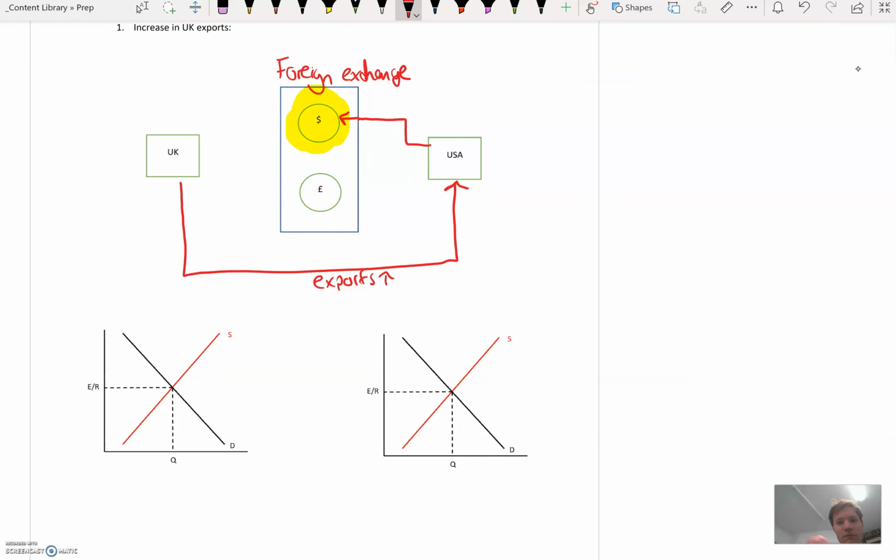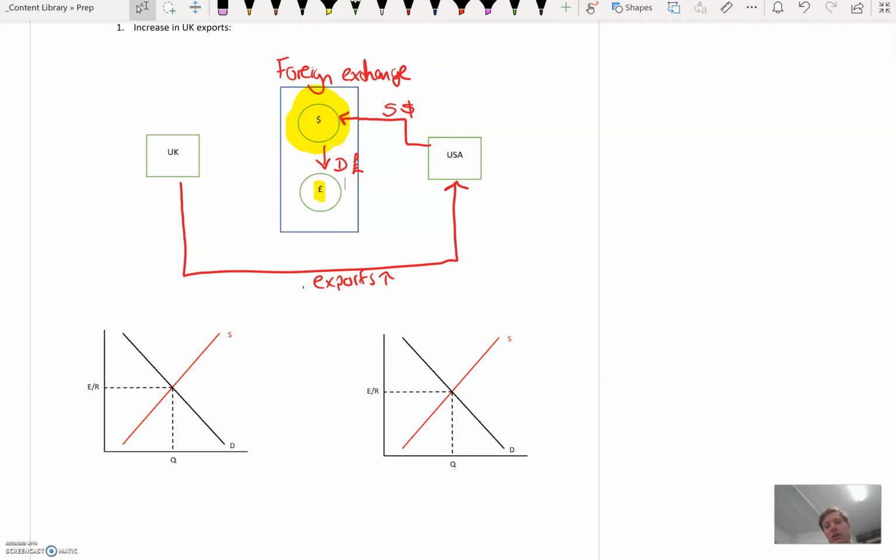At the same time, we take those dollars, I'm going to label that supply of the dollar. At the same time, I exchange, and by doing that, I demand the pound. And as a result, I'm taking pounds out of my pile in the foreign exchange shop. And so my pile of pounds gets less. As a result, we have now an imbalance of pounds and dollars.